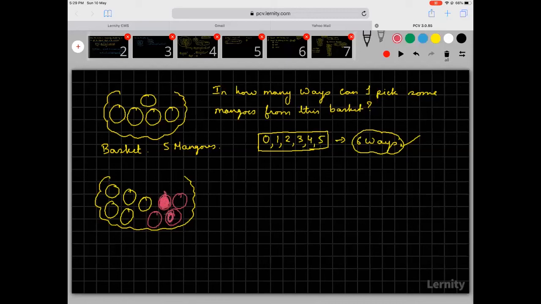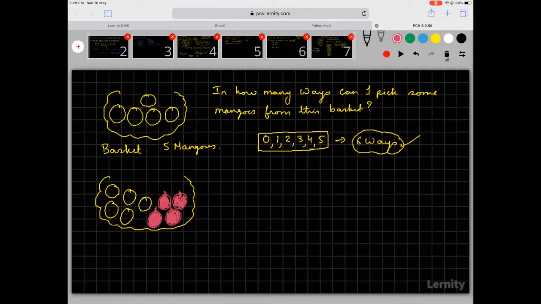Now can you tell me in how many ways can I pick up fruit? So these red ones are the apples and the yellow ones are the mangoes. And now you have given me the same basket. Now in how many ways can I pick up fruit?